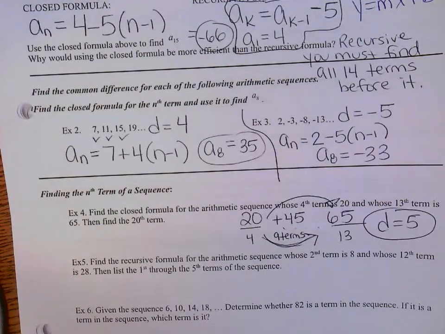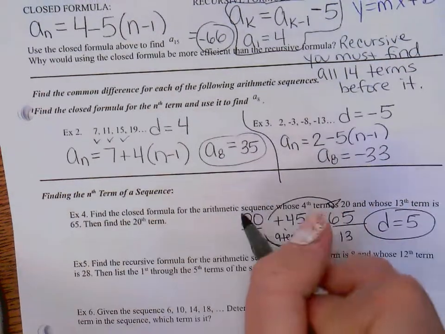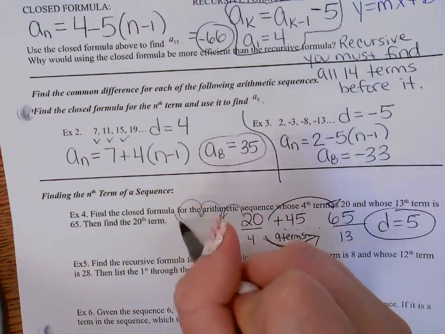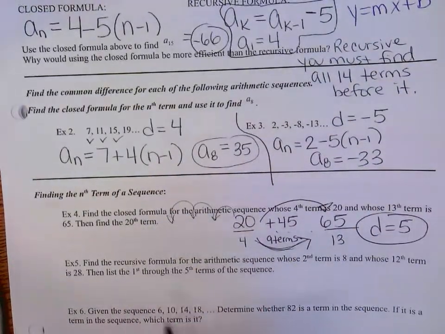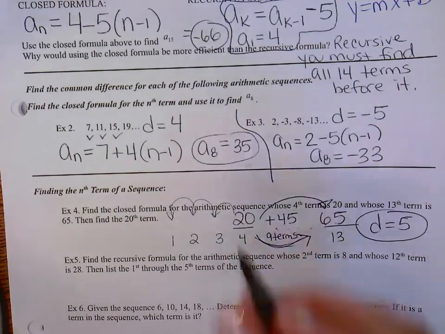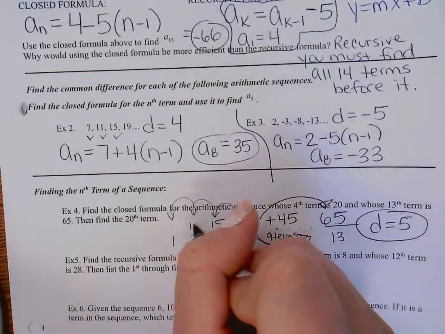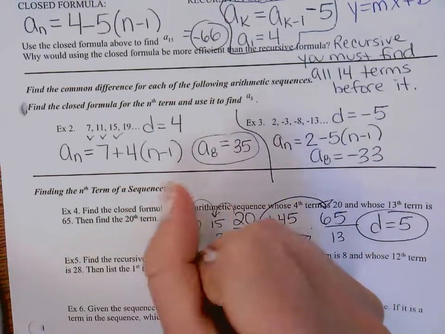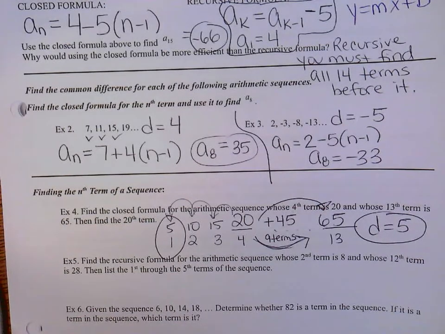I need to use that to write my closed formula. So you can either go backwards in your head or go backwards with just pattern, right? The third term, the second term, and the first term would be 15, 10, and 5. So now I know the starting term is 5 and the common difference is 5.